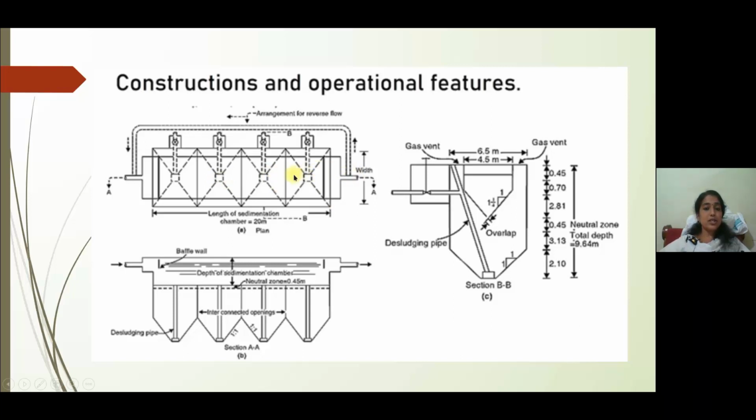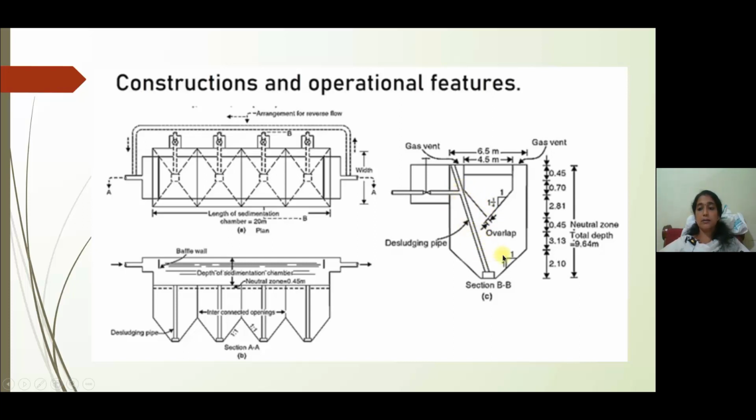Here the section is given in the third figure, figure C, the BB section, that is the section of the tank itself, a single chamber. Here you can see the gas vent, and the first cone inside this bigger cone is the sedimentation chamber, and you can see the slot arrangement at the bottom of this sedimentation chamber, through which settled sediments or sludge enter the digestion chamber.